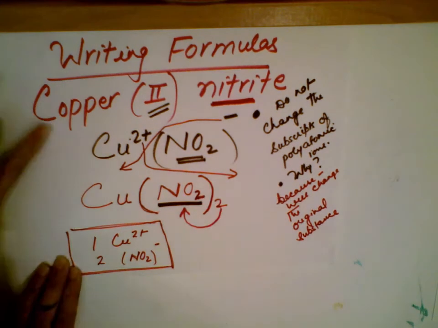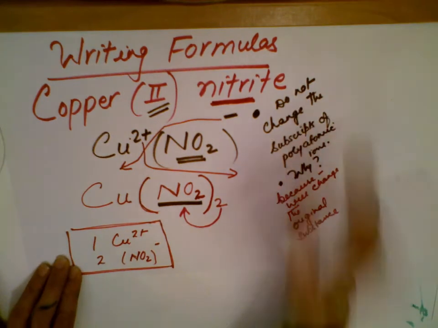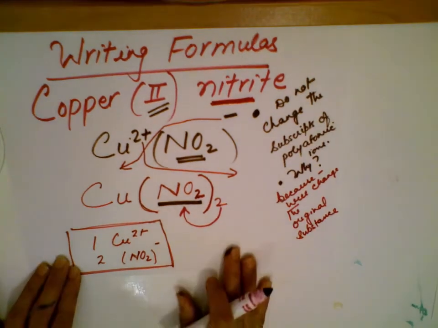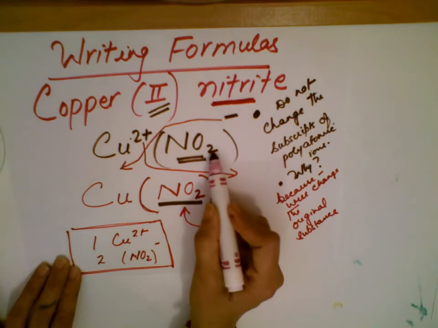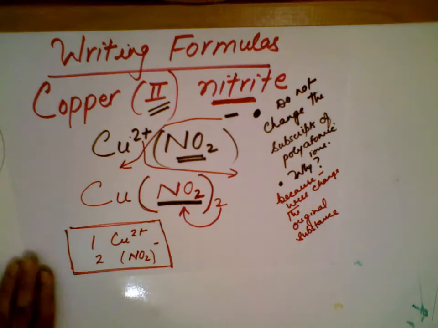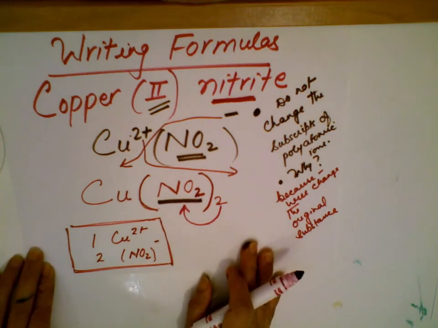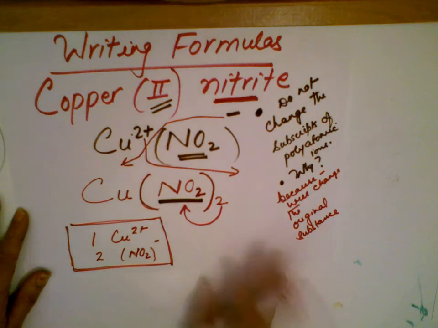You have copper ions and you have nitrite ions. You're not going to make any changes in the original substance, because if you change these little subscripts at the bottom, it changes the whole formula, it makes a whole new substance. We are not trying to change our original substance. Yes, we are trying to make a new substance from the original substances.